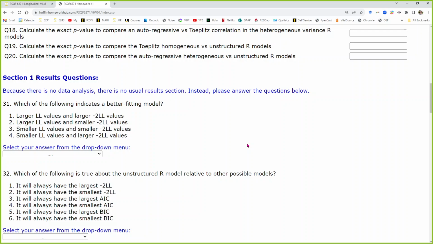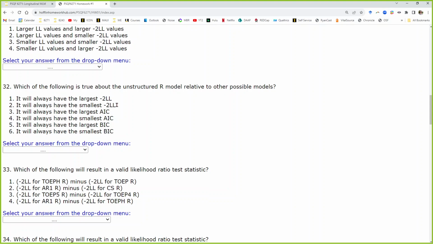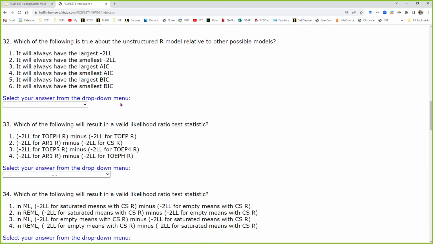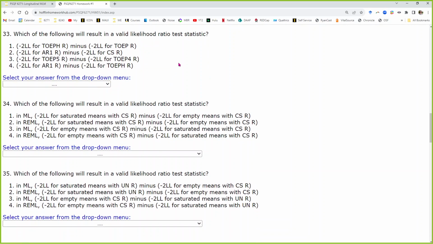And in here, there are some drop-down menu questions. So this is just reviewing terminology. There are several questions that are in a similar fashion. Which of these would result in a valid likelihood ratio test? I'm looking to see that you can take the rules for how to do likelihood ratio tests, given whether you're in ML or REML estimation, and make sure that the result would be positive.